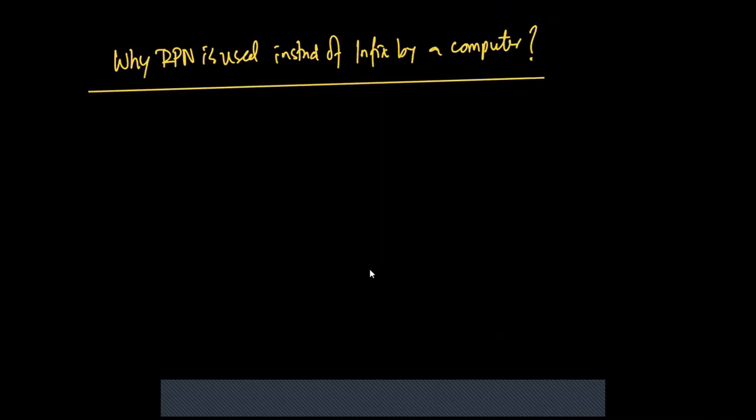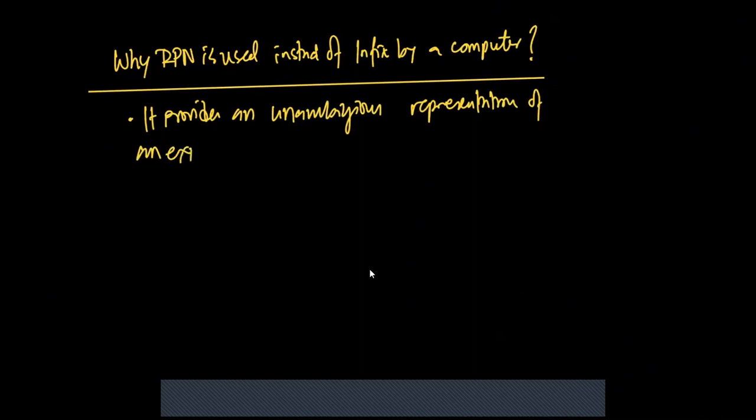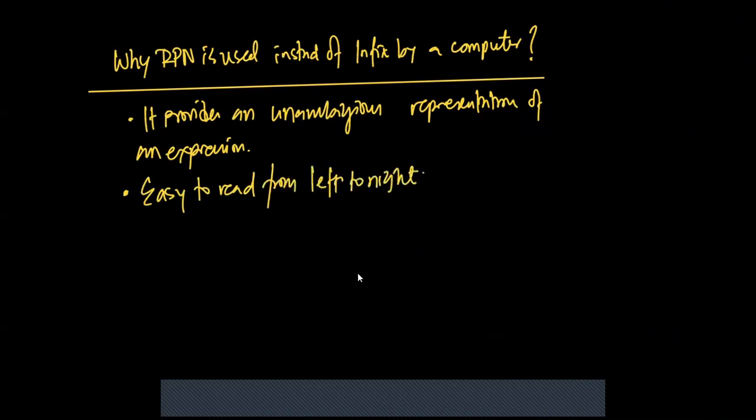The reason is it provides an expression that is as it is, you really don't need to change much on it. It is easy to read from left to right.